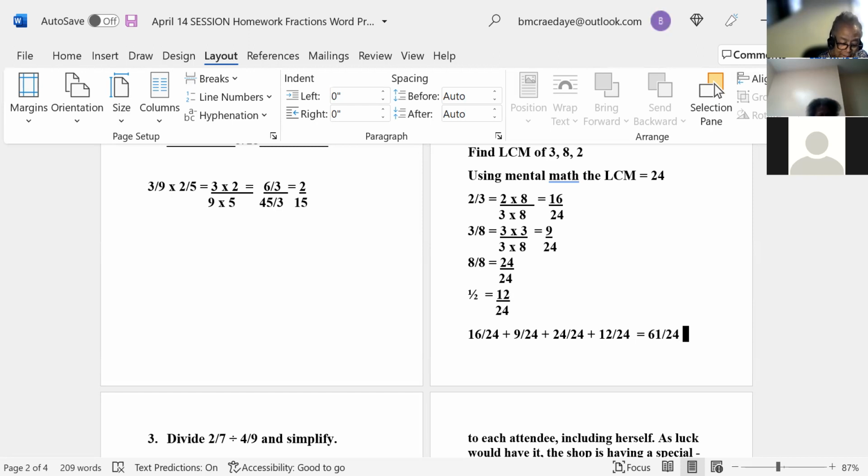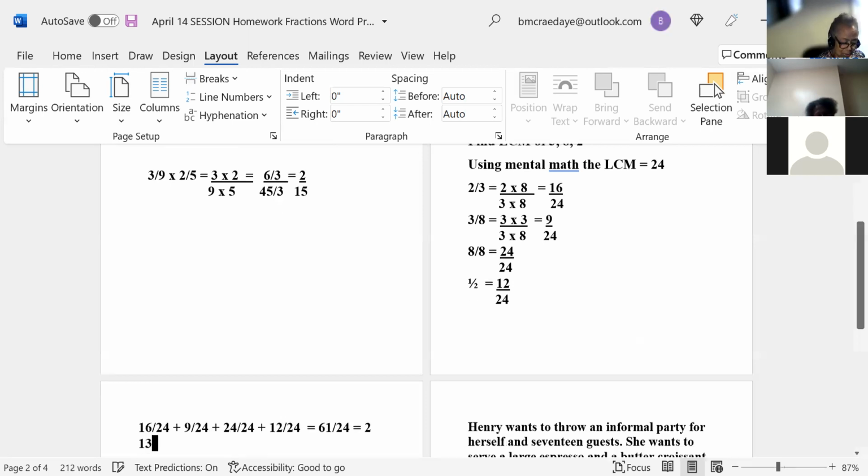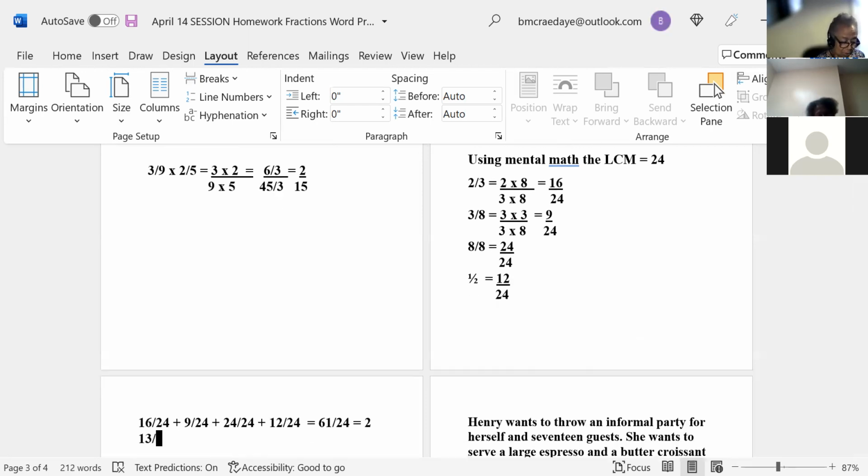And Vanessa, what is that equal to as a mixed number? 24 twos is 48, so you have a 2 whole number, and what's the fraction? 48 and 10 is 58, 59, 60, 61. Would it be 13? Yeah, 13 over 24.